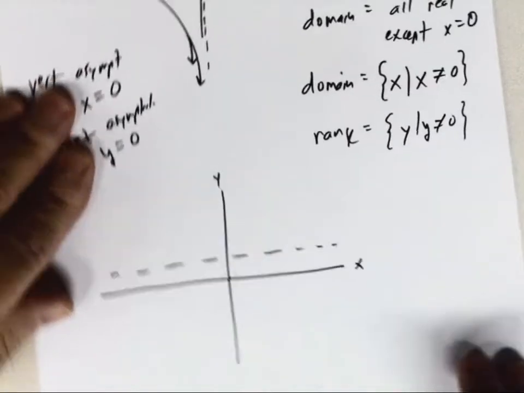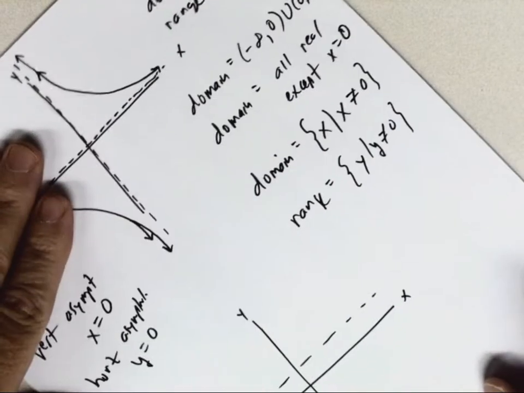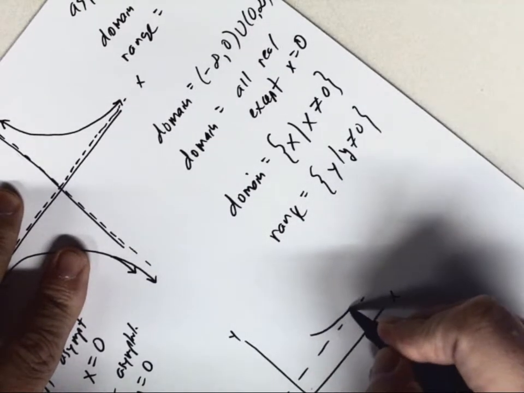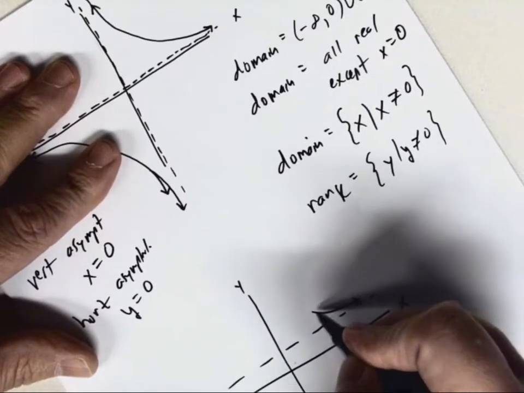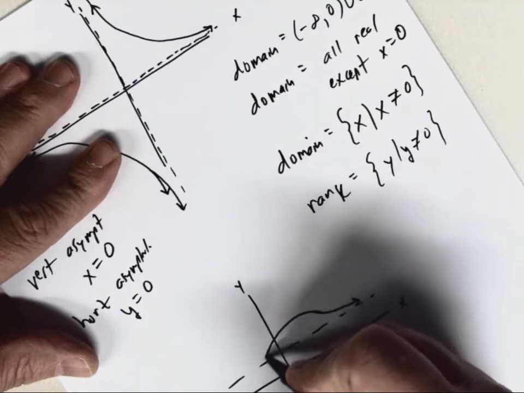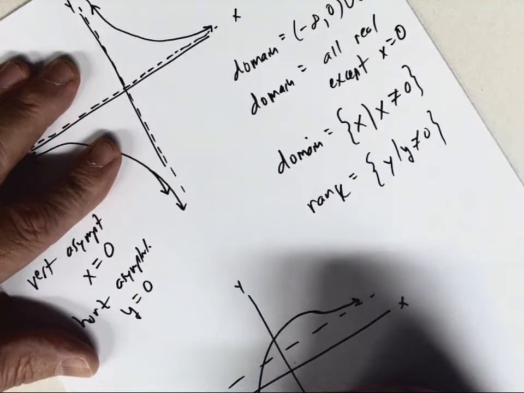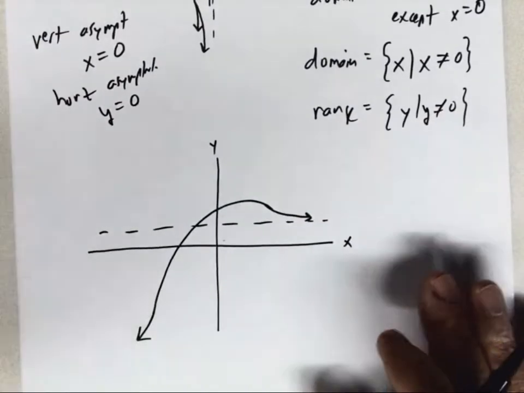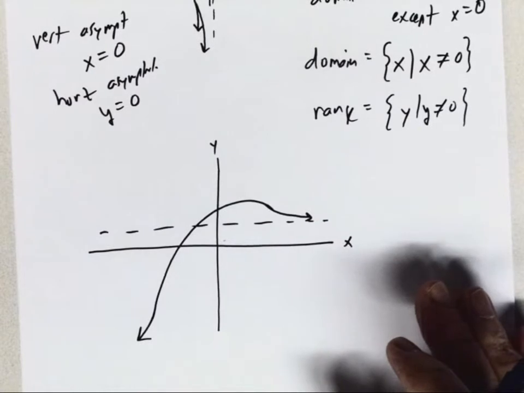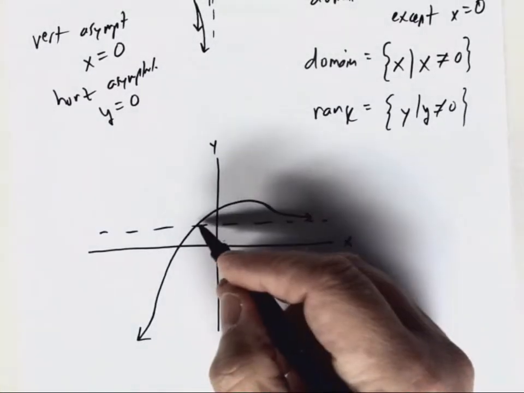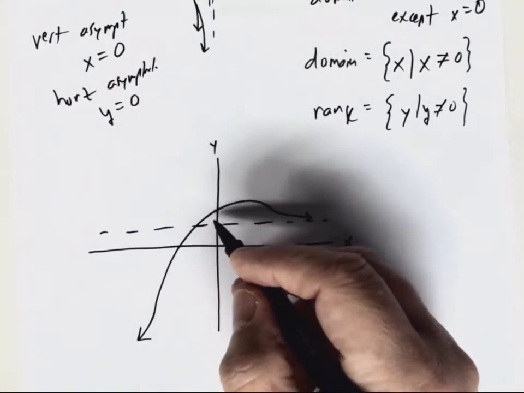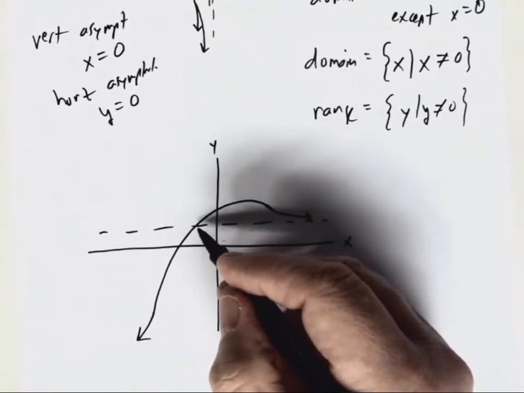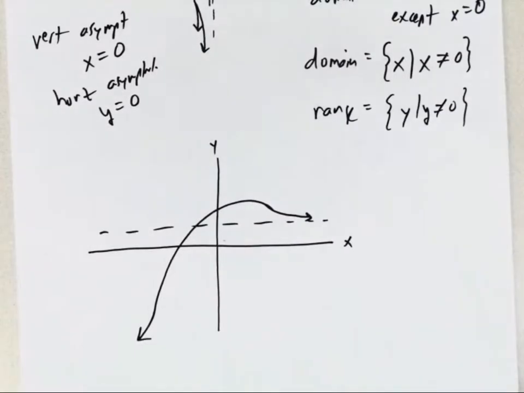So for instance, I'm going to draw one. Here my graph actually crosses this asymptote, but that's allowed sometimes when it's close to the center of the graph. I can't cross an asymptote when I get to the edges of my graph.